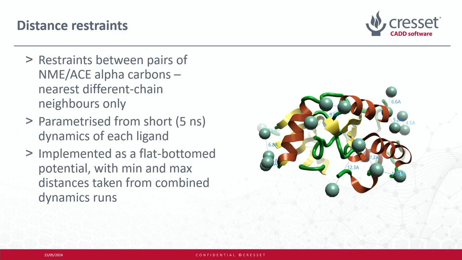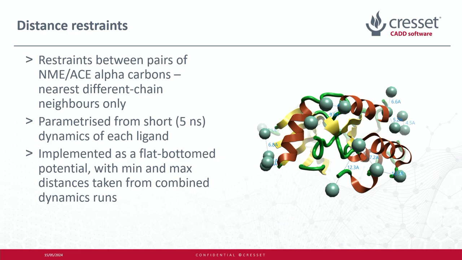Rather than just a harmonic potential, we're doing a flat bottom potential, and the minimum and maximum distances for that potential are taken from a short dynamics run of each ligand.